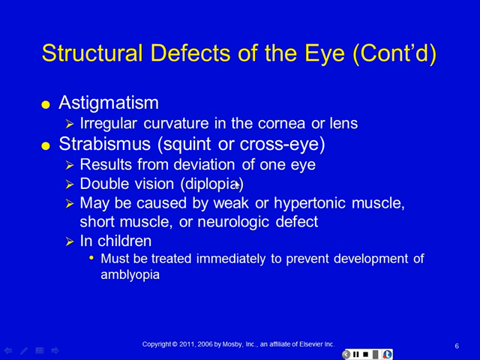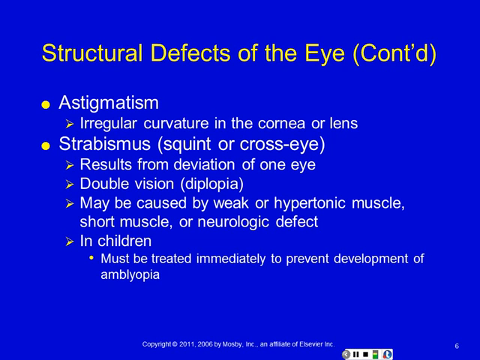Now, if this goes on long enough or occurs early enough, that squint actually becomes a neurologic phenomenon. In other words, the patient doesn't squint anymore. In other words, they don't close one eye. Instead, the brain has learned to ignore one eye, and that's what we call amblyopia. And it occurs in children with diplopia who have gone untreated, because when you're a kid, your brain is very flexible.